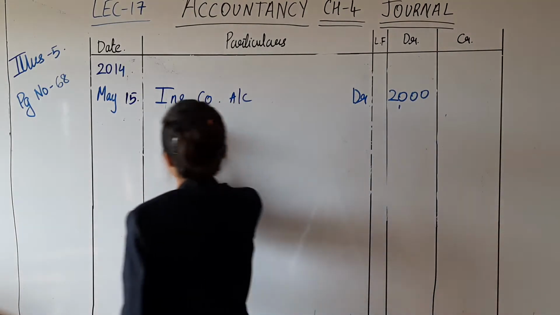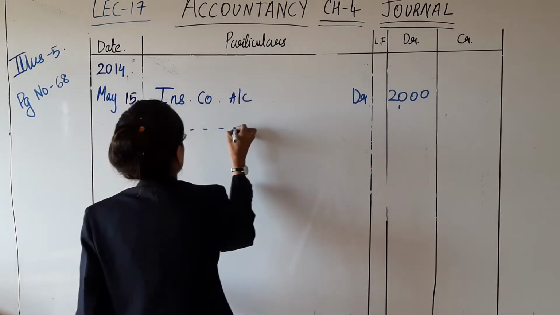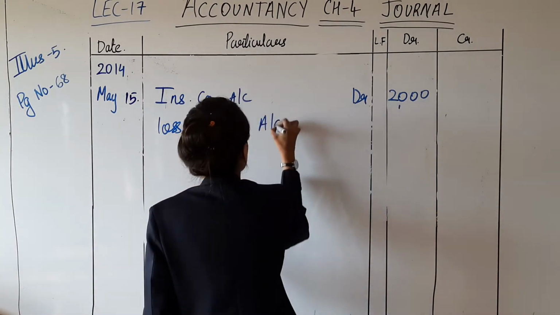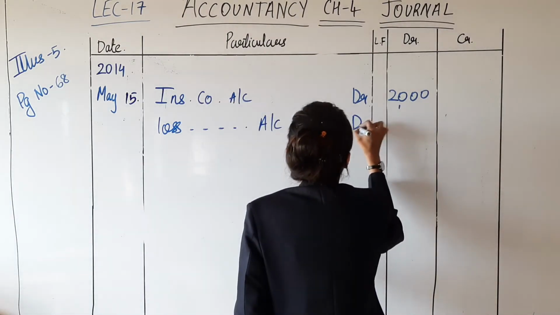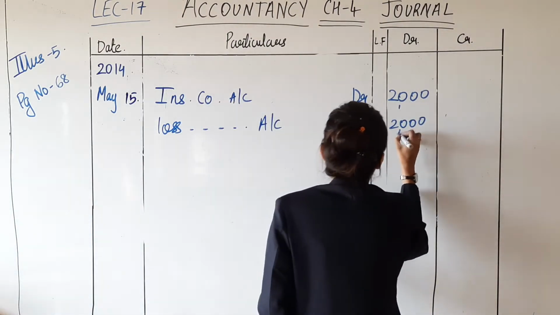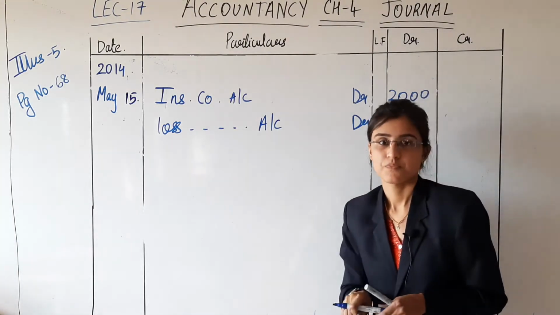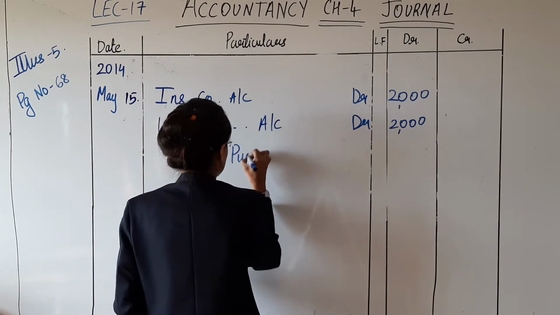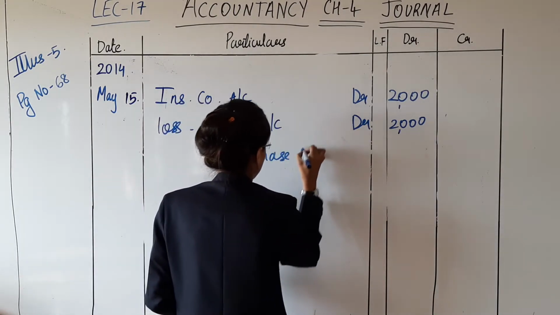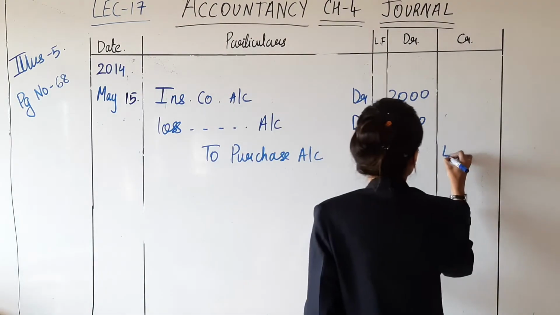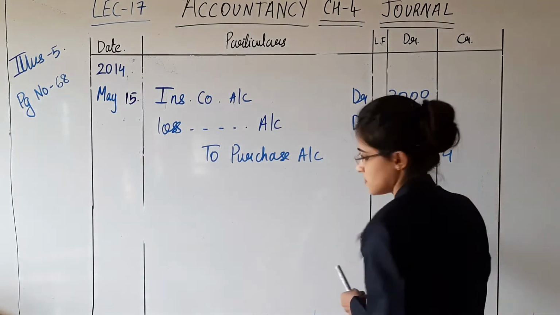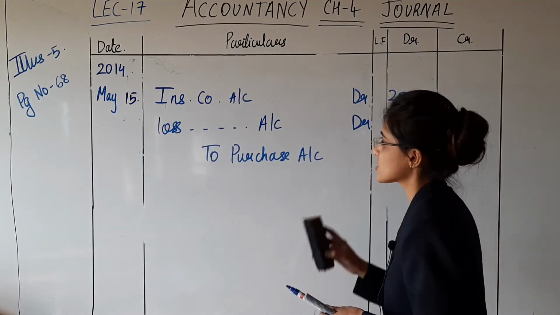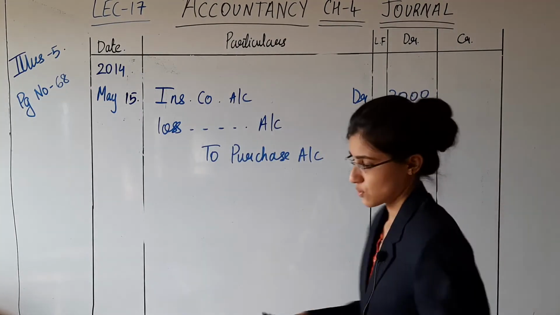So what is the loss now? Loss due to sinking of steamer, 2,000. And to purchase account. Overall goods lost are of 4,000. The goods lost due to sinking of a steamer is of 4,000.